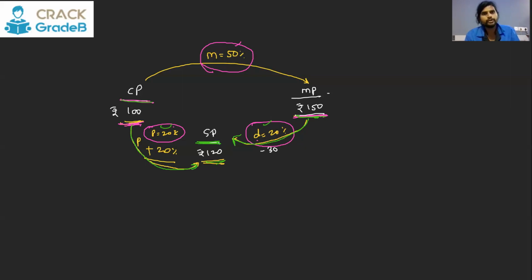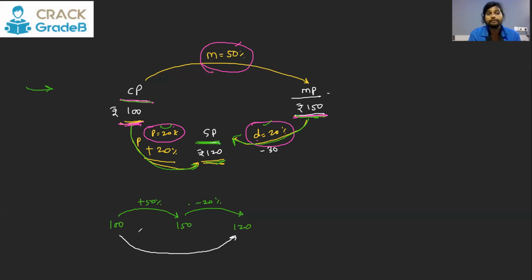Easy? So either you look at it like this, or you can see what we did is we took the price 100. We first increased it by 50%. It became 150. Then we decreased it by 20% and it became 120. And then we check what is the resultant change from 100 to 120.